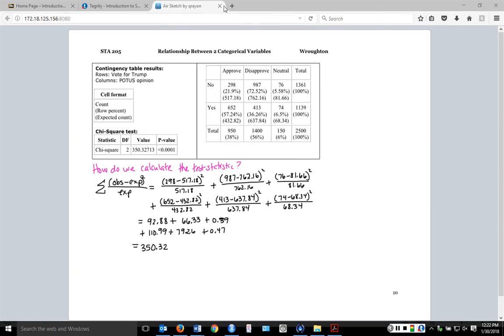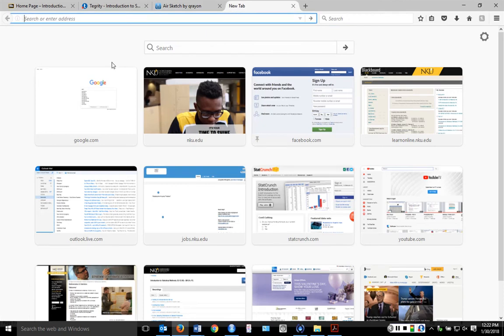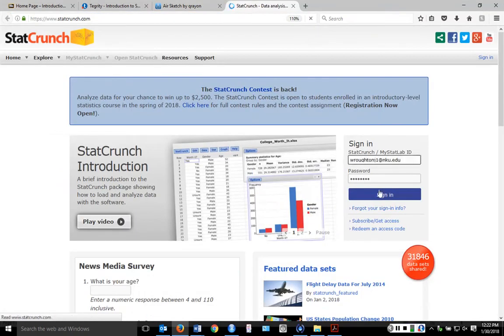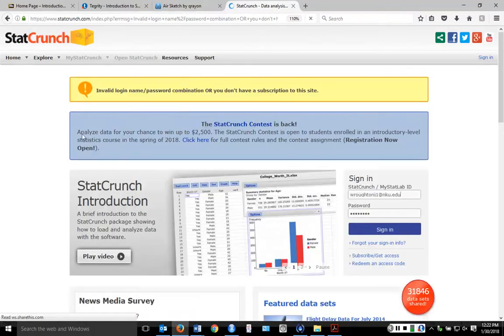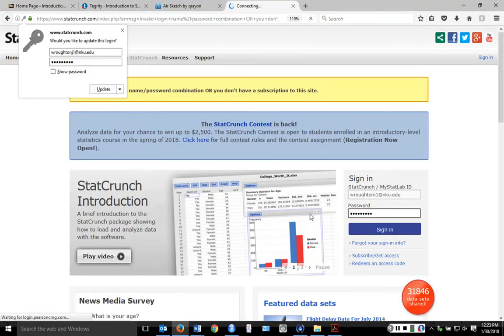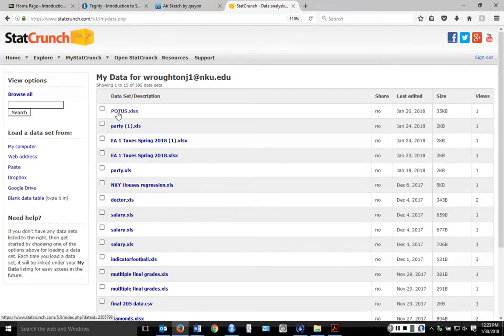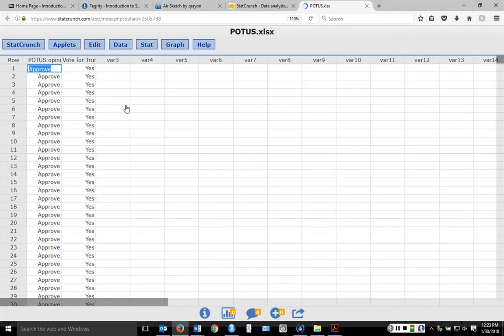Now this is actually, you can find in one of the options I didn't already show you in StatCrunch. So I'll bring up StatCrunch to show you how we can also get those numbers. So again, I'm going to go to the data options.